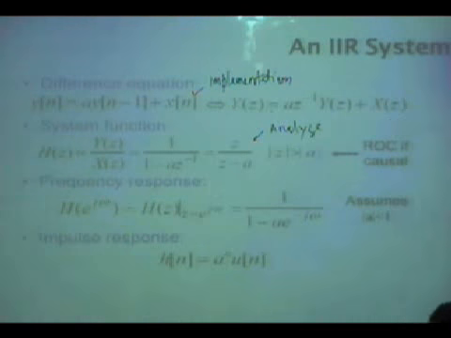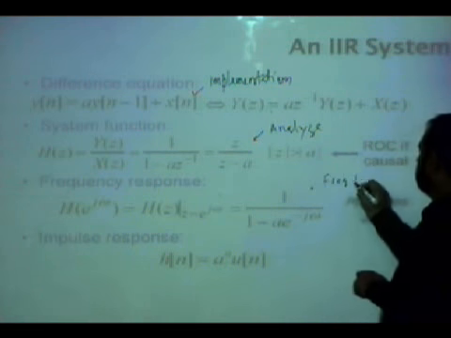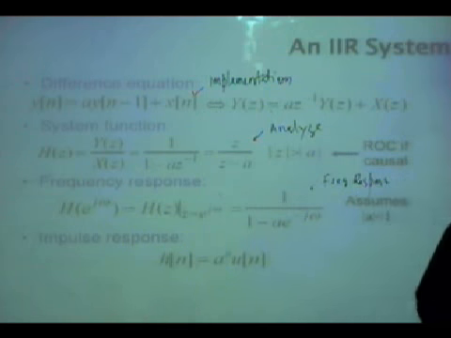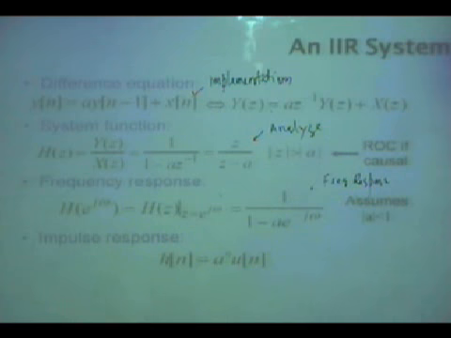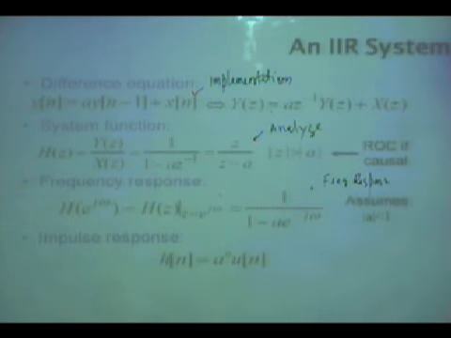Okay? You analyze a system, you see whether it is stable or not, see the location of poles and zeros. This is to find its frequency response. What this system is going to do to my signal. We have already learned about this. This is how the system will shape my frequency spectrum. And this has no practical significance, just the impulse response of a system, seeing it is an infinite impulse response.